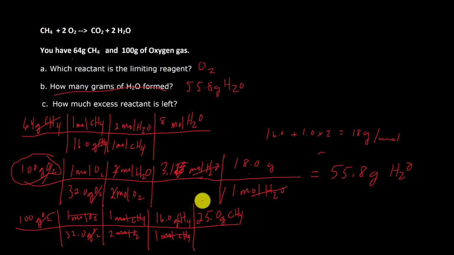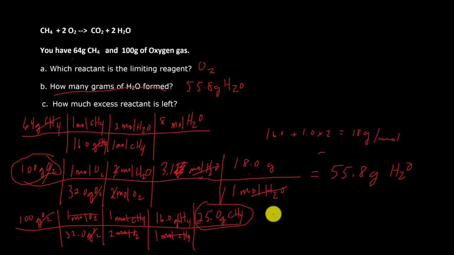And so, again, what we just calculated was we said, okay, by the time we use up all of our oxygen, how much CH4 or methane have we used up? The answer is 25 grams. Okay, but that's not the full question. The question is how much of the excess reactant is left.